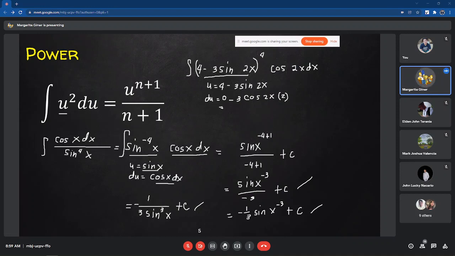So, ang answer mo diri will be 2 times negative 3 is negative 6. Okay? Cosine 2x times dx.